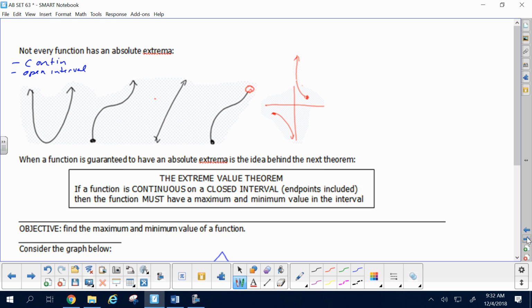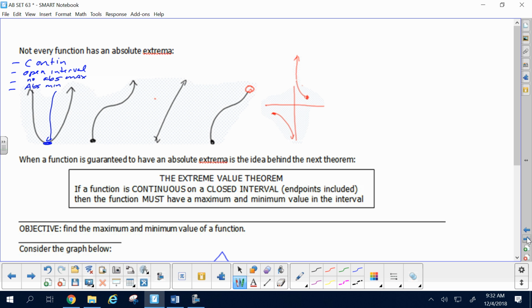The interval goes from negative infinity to infinity, it's unbounded. Does this have an absolute max? Is there one y value that's greater than all others? No, it has no absolute max. Does it have an absolute min? Yeah, it does have an absolute min, right? There at the vertex, yeah?